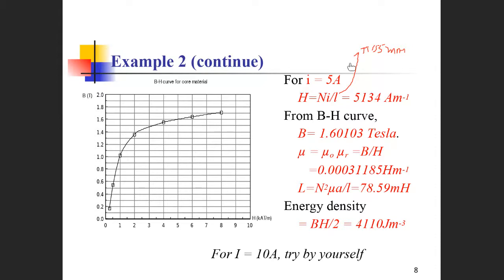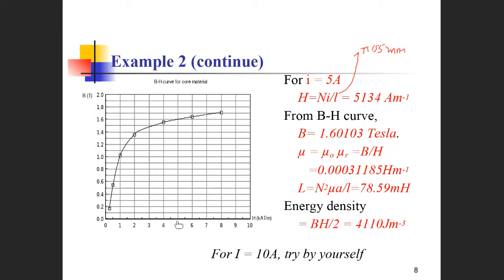So this L is pi times 155 millimeters. Turn number 500, current 5 amperes, so you can get about 5,134 ampere per meter. This is the H.